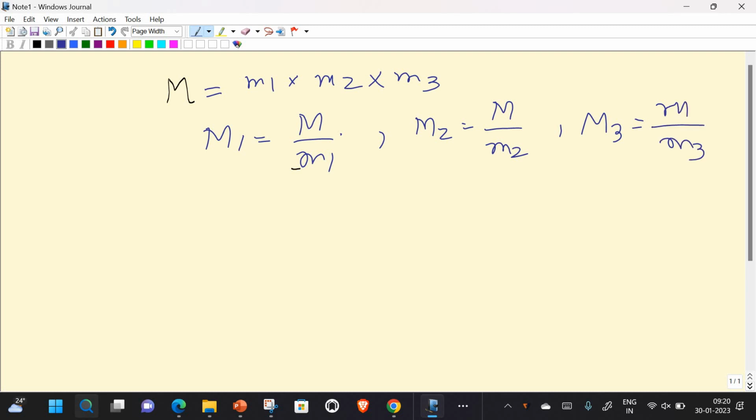Let us keep it for the three moduli. Okay, so this is what we have. And also we can write, please make a note of this, Mi into Xi is given by 1 mod mi.